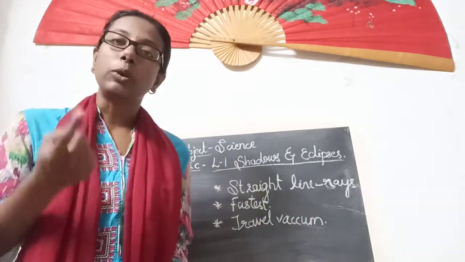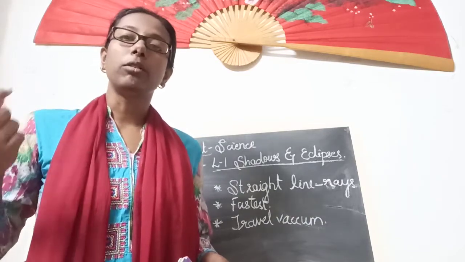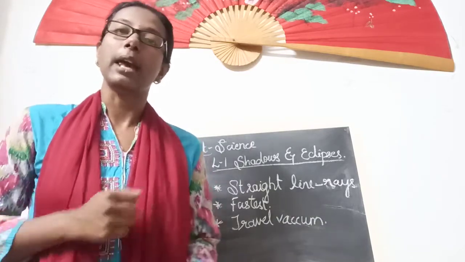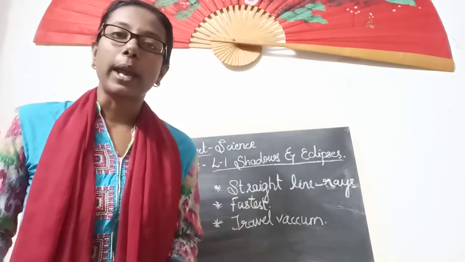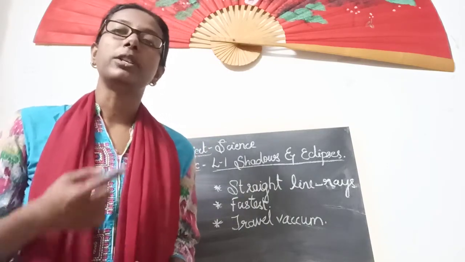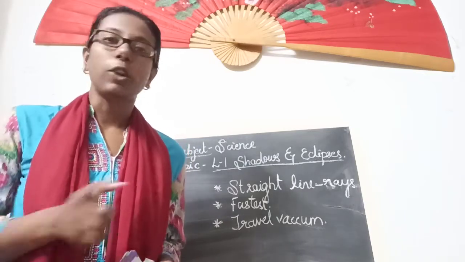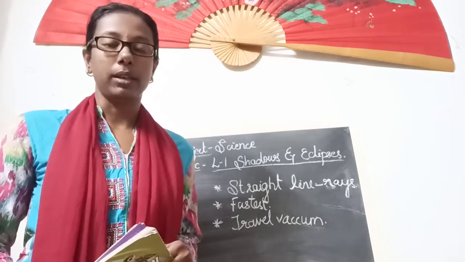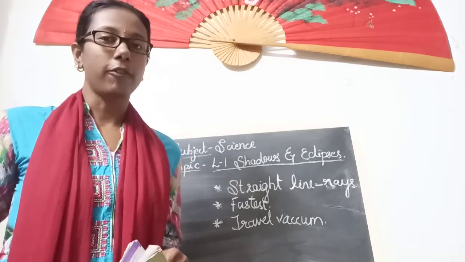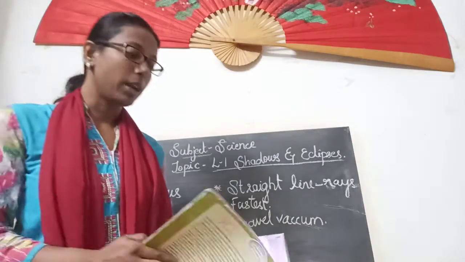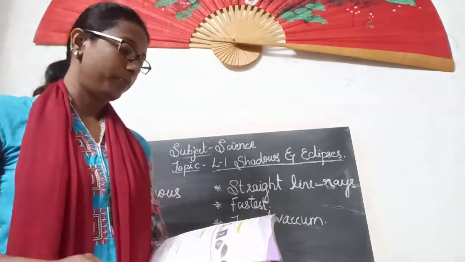But for sound, whatever I am speaking, you can hear it only because there is air around me. But if there is no air and the sound is trying to travel in vacuum, it can't happen. It is not possible. You can't hear sound in a vacuum. But light can travel through vacuum also.